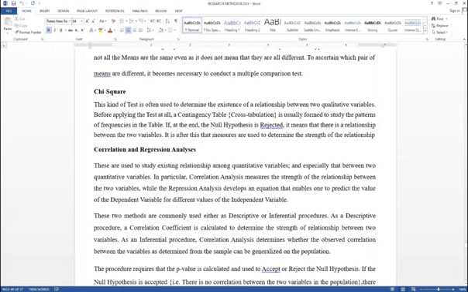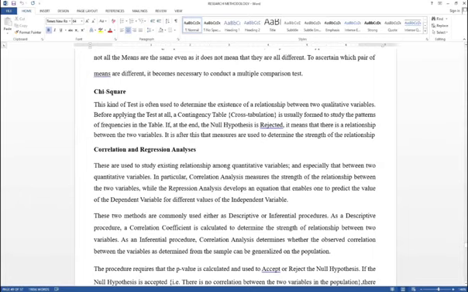Let's take it again. Correlation and regression analysis are used to study existing relationships among quantitative variables, that is, two quantitative variables that have a relationship.